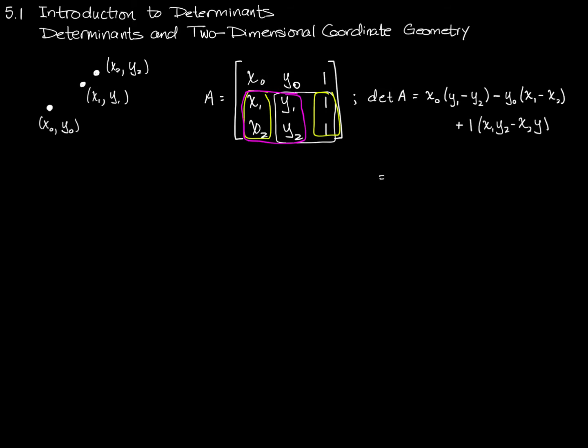And then I'll distribute these. I'm going to get x0 y1 minus x0 y2 minus x1 y0 plus x2 y0 plus x1 y2 minus x2 y1.